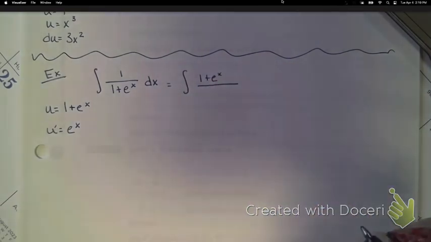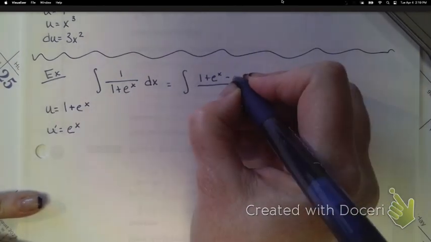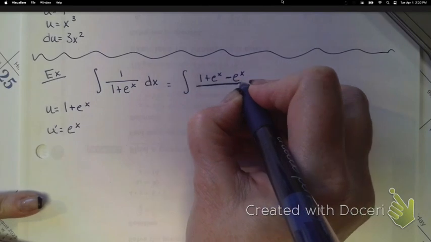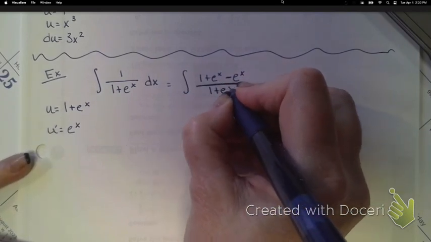I'm not multiplying, I'm adding. So what's the only thing you can add and not change a problem? You have to subtract it, because the only thing I can add without changing a problem is 0. So if I add it, I also have to subtract it. So I changed how the problem looked, but did I change the problem? No.